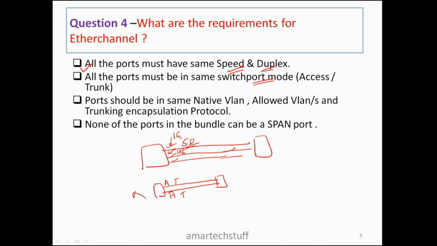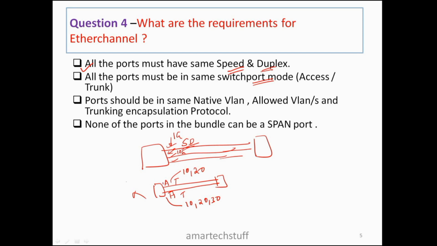If, for example, on this particular port you are allowing VLANs 10 and 20, and on this port you are allowing VLANs 10, 20 and 30, the allowed VLANs are not the same. The EtherChannel is not going to come up. Even the trunking encapsulation protocol should be the same.